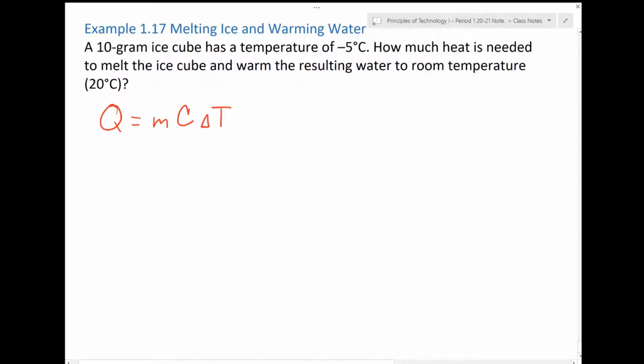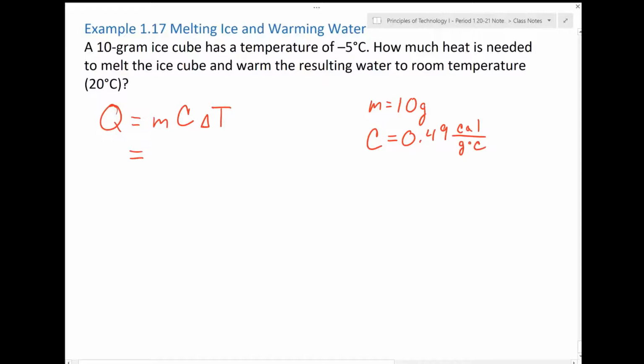We're given that the mass of the ice is 10 grams. The specific heat, C, is equal to 0.49 calories per gram degrees Celsius.